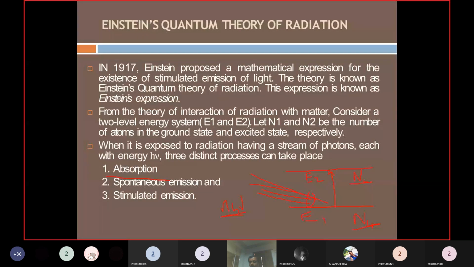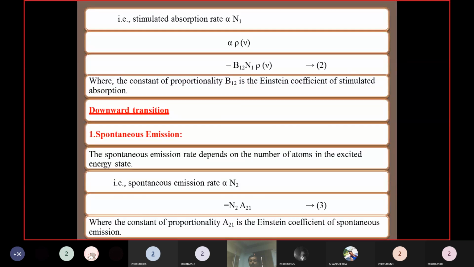That's why the constant is B12. Why B? Because this is the stimulation process, so the constant is B. In spontaneous emission we take the constant as A, and in stimulated emission we take the constant as B.